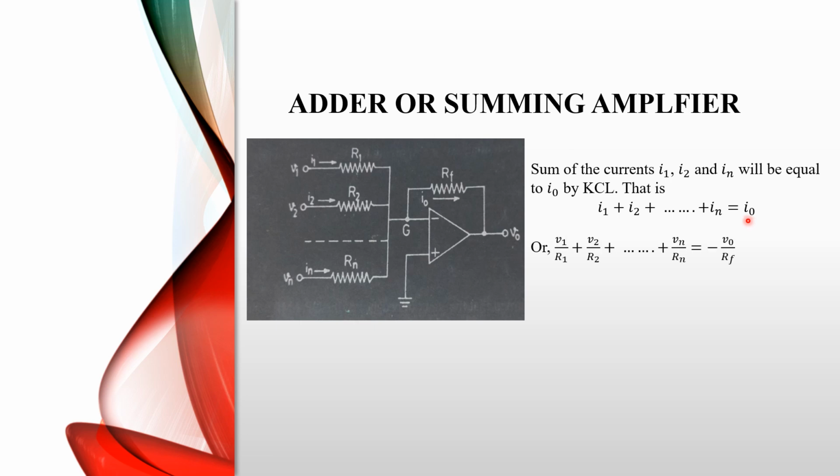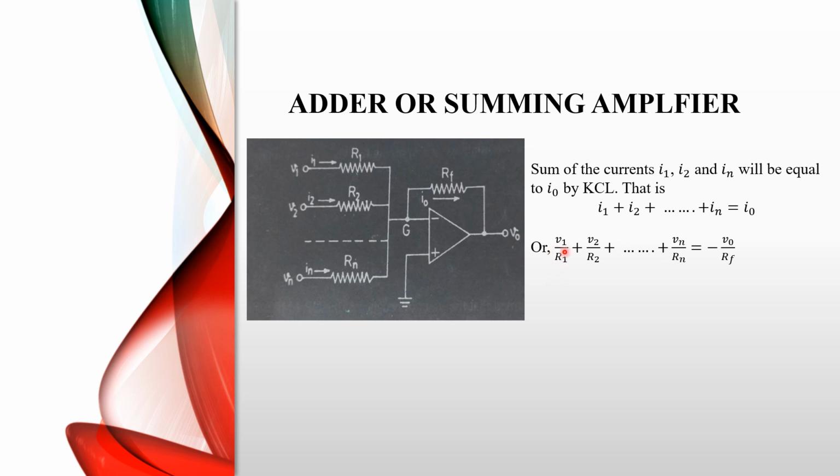Next line, from Ohm's law, what is the value of current? Current is equal to voltage by resistance. That means I1 current is generated from V1 input voltage and in this arm R1 resistor is used.